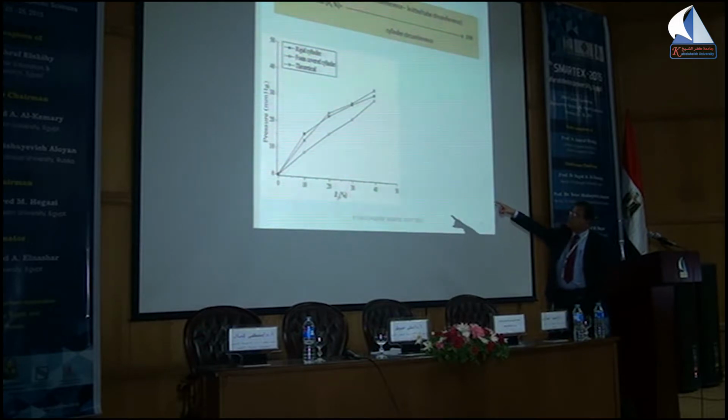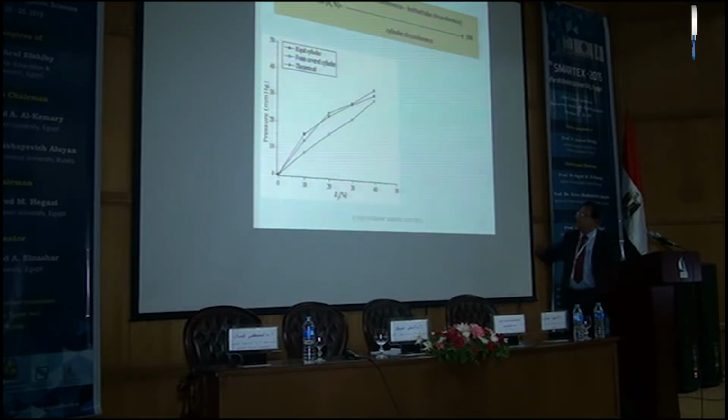In this particular graph, you can see the rigid cylinder, the foam covered cylinder, and another graph that shows the pressure estimated on the basis of Laplace law. What we see is that the pressure measured on the rigid cylinder and the pressure estimated by Laplace law are tallying quite well.